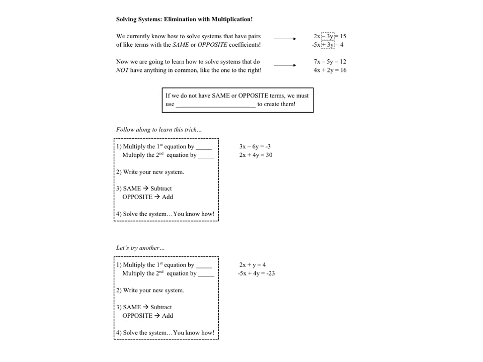So what we need to do is we are going to multiply one or both equations, use multiplication to create them. So if we look at this first example here, I see that the x's have 3 and 2.